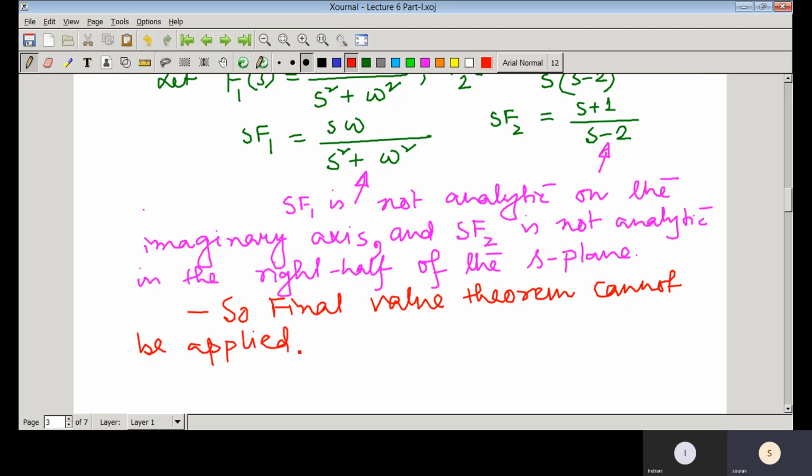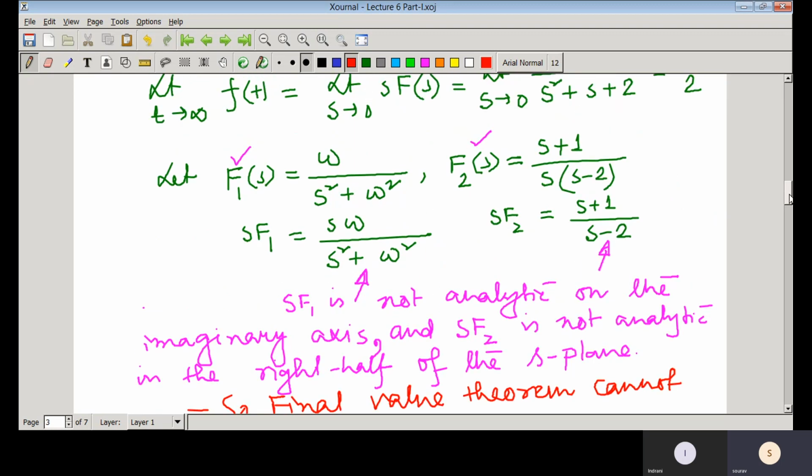So you should be careful before applying the final value theorem, because if you apply it, in this case your answer would be minus half, which is wrong. You may think that if you apply a unit step, what would be the final steady state value, and if you apply the final value theorem you will get minus half, and you think that is the correct one.